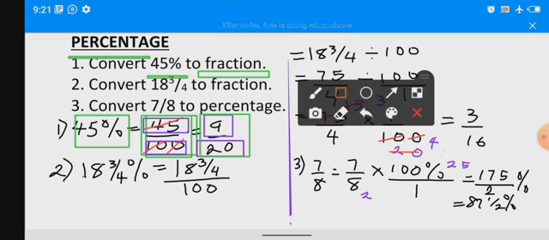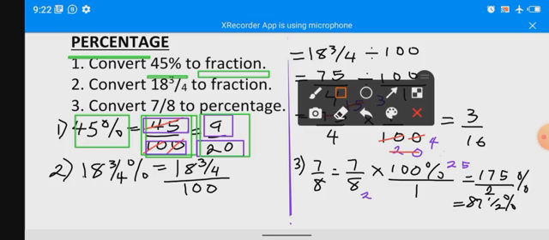I am giving you this second question because of the difficulty some people have in dividing a fraction like this. Convert 18 3 over 4% to fraction. I told you if you are converting percentage to fraction, you divide by 100.